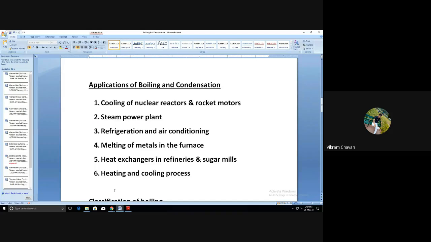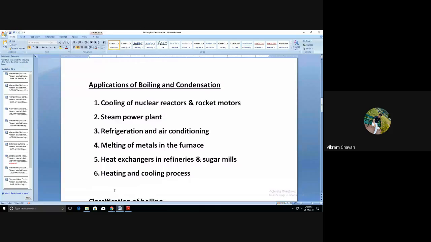Then refrigeration and air conditioning. Then melting of metals in the furnace.